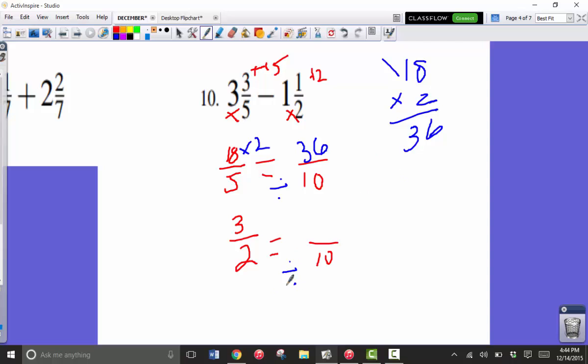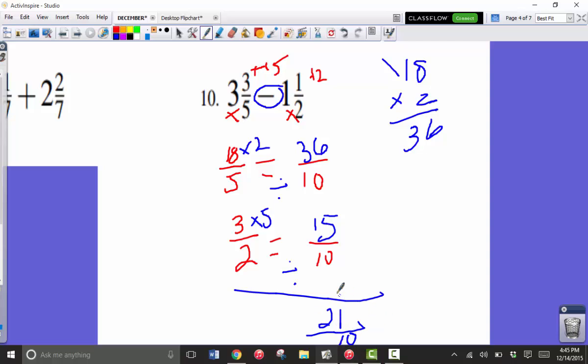Same thing with the second fraction. 2 goes into 10 5 times. 5 times 3 is your 15. Please remember, this is a subtraction problem, so we shall subtract. 36 minus 15 is 21. Keeping the same denominator.